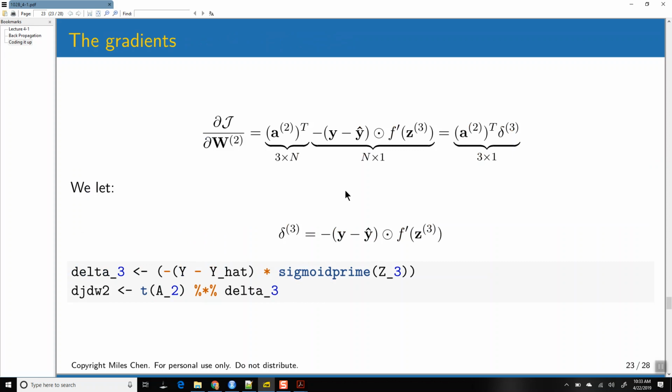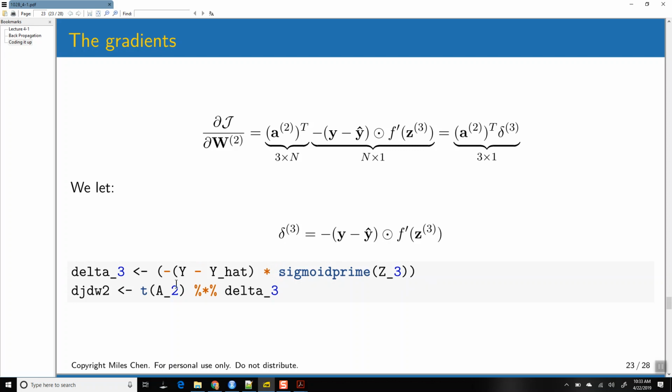Okay, so earlier we established that the gradient is this: A2 transpose times minus y hat, element-wise multiplication with f prime of z3. And so if we call this thing delta 3, it's exactly what this is, right? Minus y hat with element-wise multiplication of f prime, which is sigmoid prime of z3.